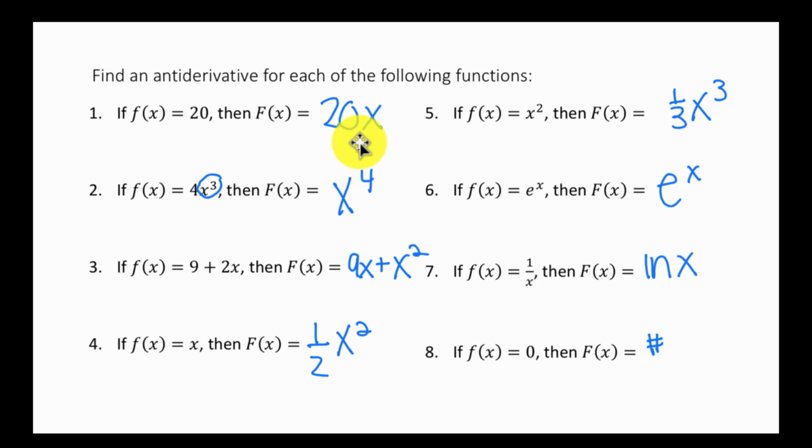To check your work, take the derivative. The derivative of 20x is 20. Okay, so that means that we've got the right answer here. And if I go down to number 2 here, the derivative of x to the 4th is 4x cubed, so that kind of verifies that I found the correct antiderivative. So use your knowledge of derivatives to help in this chapter.